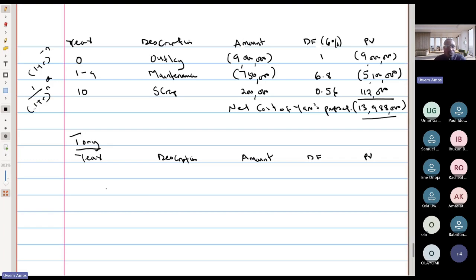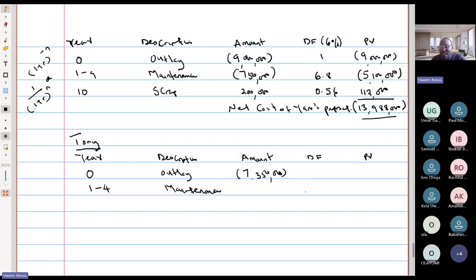Okay, so Yaro is saying the machine, based on my own proposal, will cost 7,350 million. Year 1 to 4 years, you do maintenance. I'm going to give you guys 1 year free. So you do maintenance for 4 years, so that's 1 to 4 years.